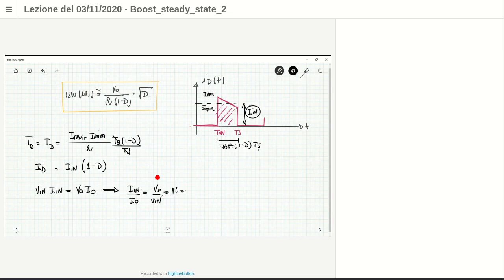So it is M, which is 1 over 1 minus D. We use these results several times. So in that case, I know that I in is I naught multiplied by 1 over 1 minus D.